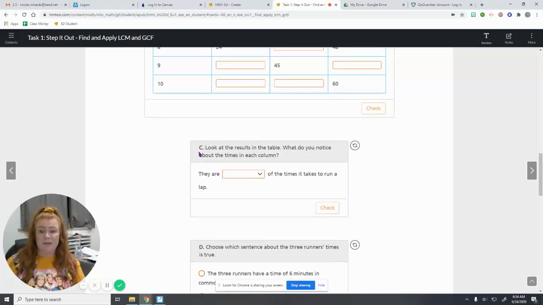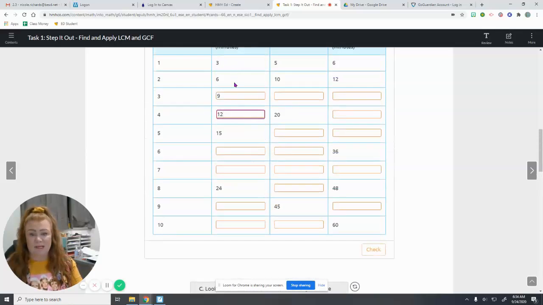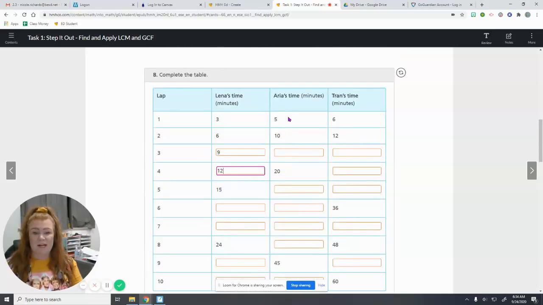Hey, so C asks us to look at the results from our table, and we're going to look for a pattern we notice about the times in each column. So looking here, 3, 6, 9, 12, 15, 18, 21, 24, 27, 30. And then over here, 5, 10, 15, 20, 25, and 6, 12, 18, 24.